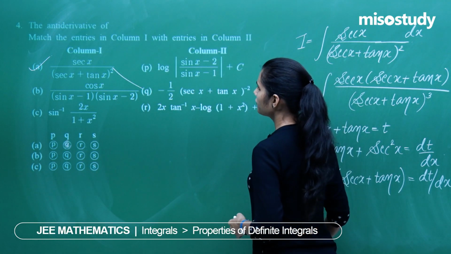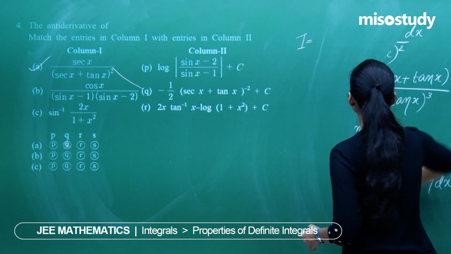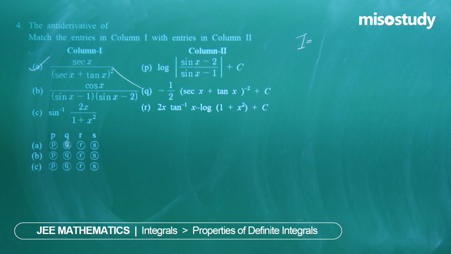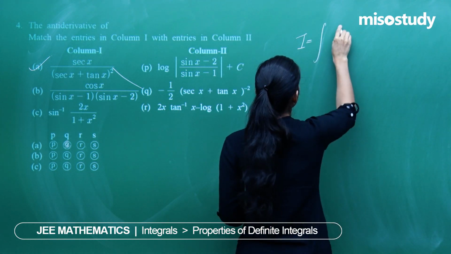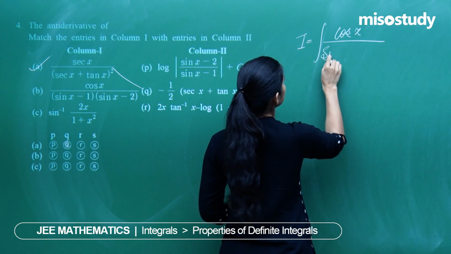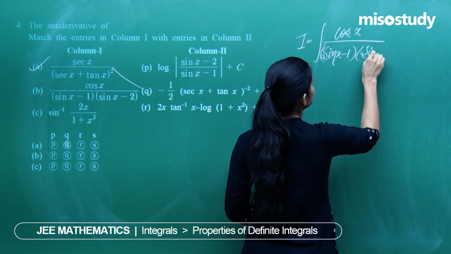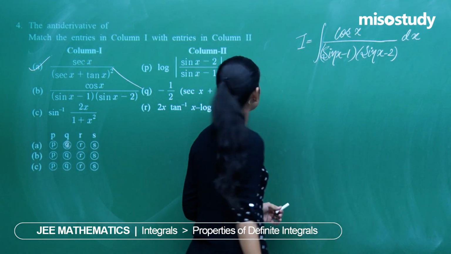Talking about the second one, I have cos x upon (sin x minus 1) into (sin x minus 2). Let's talk about this integral now. We have to find the antiderivative of this particular function: cos x upon (sin x minus 1) into (sin x minus 2) dx.